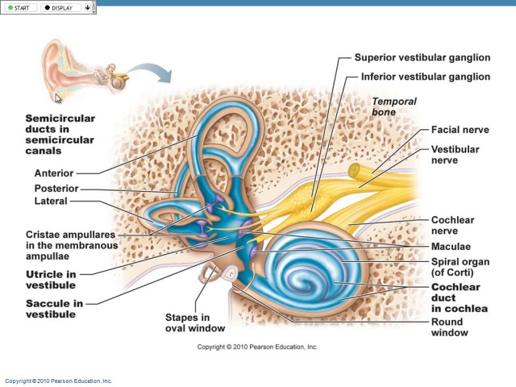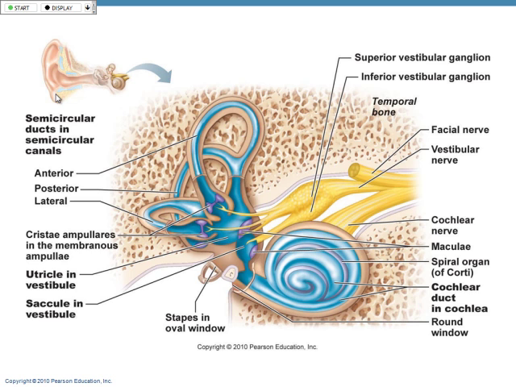At the top part of the diagram, over here in this region, we find canals that are going to help with our sense of equilibrium, along with receptors that we find in this region. Those are called the semicircular canals. Over in this region here, we find this little snail shell called the cochlea.